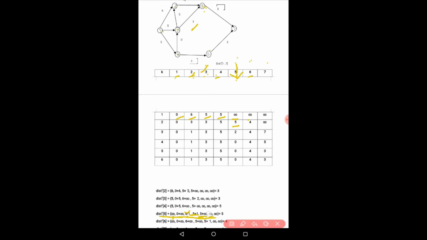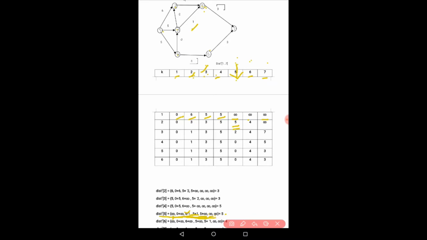So we need not write, only infinity you can write. From node 7 also, the previous value is infinity, so I will write it as infinity only. So from this the minimum value is 5. That minimum value I will write in this column, that is 5. Minimum value I have written. So I have finished with the vertex 5.